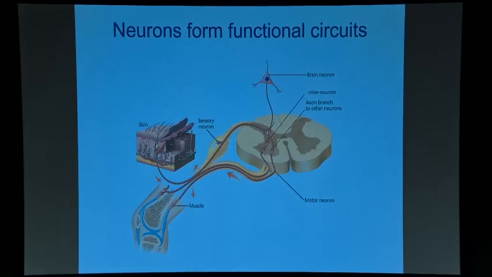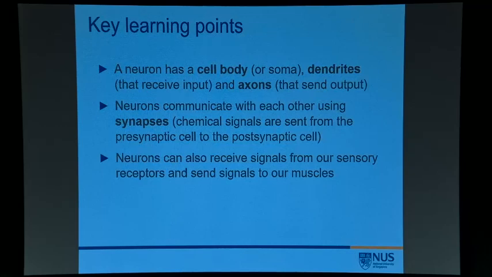Okay, so the key learning points here are that neurons have a cell body, they have dendrites that are specialized to receive signals from other neurons, and they have axons that are specialized to send signals to other neurons or to other structures. Neurons communicate with each other using these structures called synapses, these specialized points of connection between the axon of one neuron and the dendrite, or sometimes cell body, of another neuron.